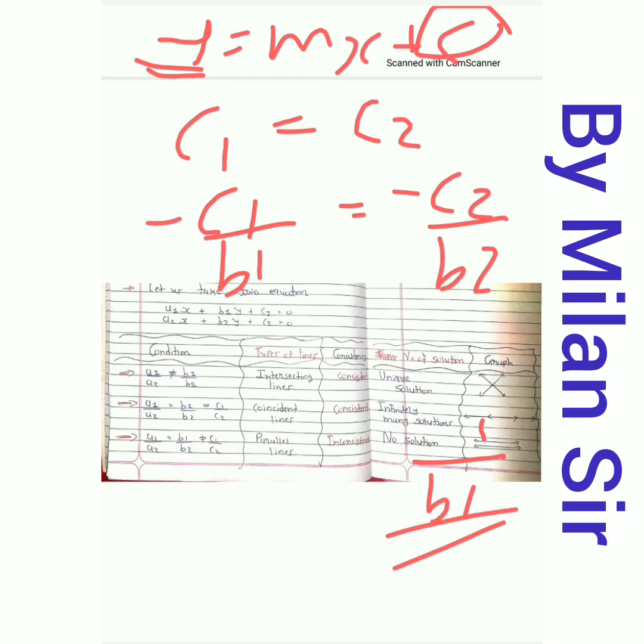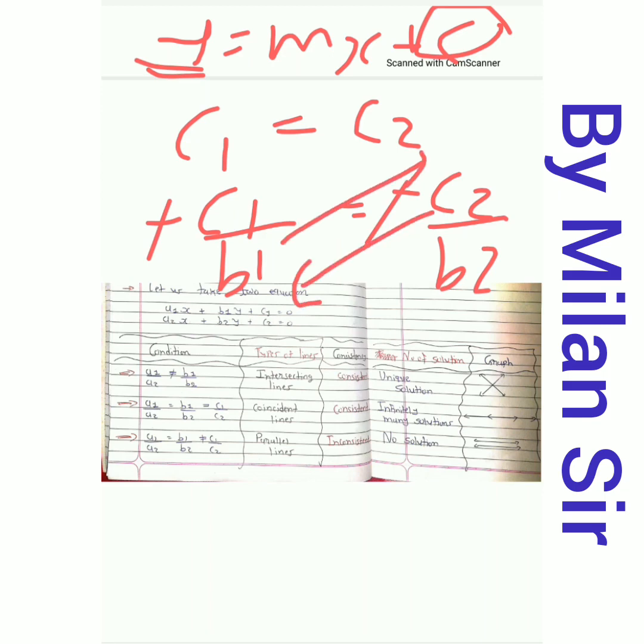So here our intercepts are same. That means minus c1 upon b1 is equal to minus c2 upon b2. From both sides minus minus cancel, right? Transfer this c2 to the left hand side and transfer this b1 to the right hand side. So c1 upon c2 is equal to b1 upon b2.